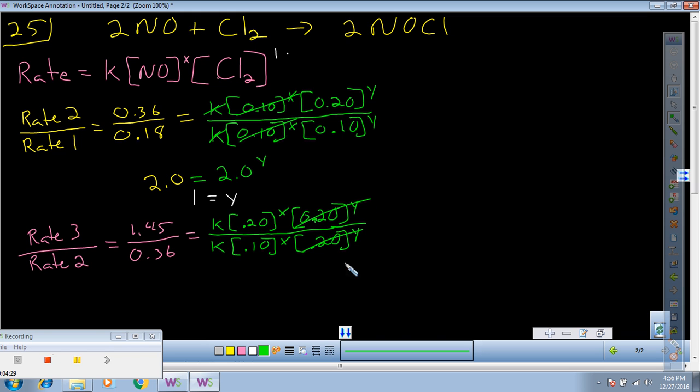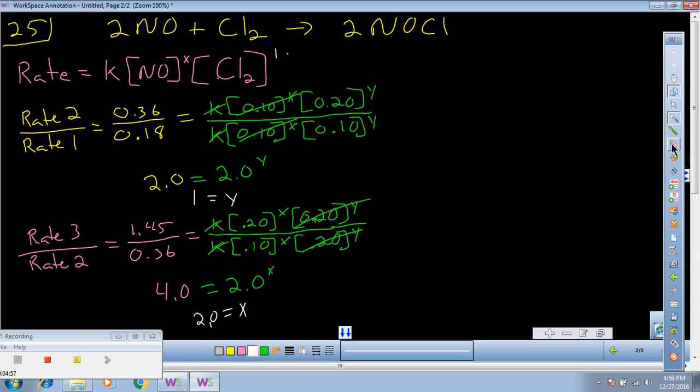These 2 things cancel out. 2 divided by that is 2. And if I divide this, I get 4. So 2 to what power is 4? Well, of course, it's 2. And so my reaction is second order for NO.